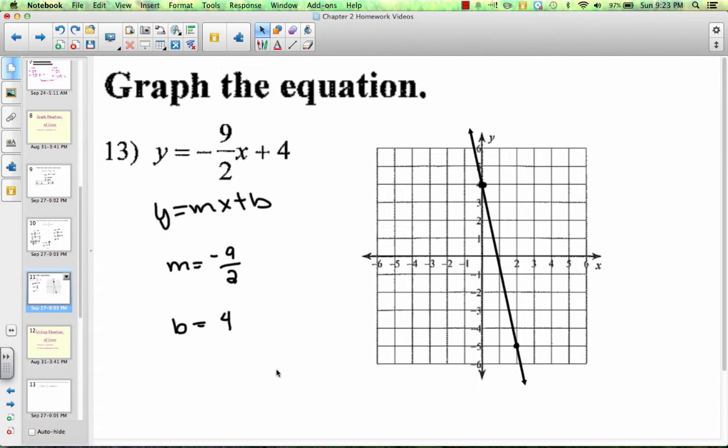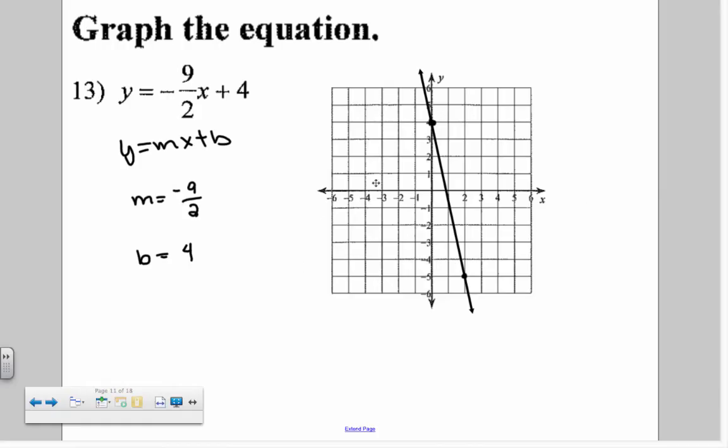Notice that my line has arrows at the end because I only graphed 2 points on this line, but there are an infinite amount of points, not just on the part of the graph shown. Even if I were to extend the graph, it goes on and on, so I show that by putting those arrows on. I do have a downward sloping line, so I know my slope being negative was correct.